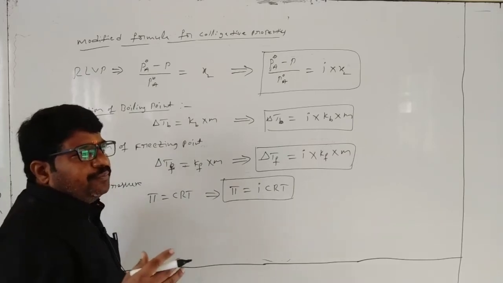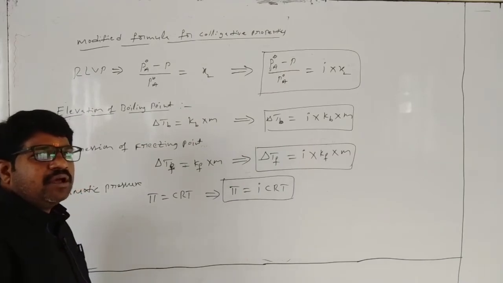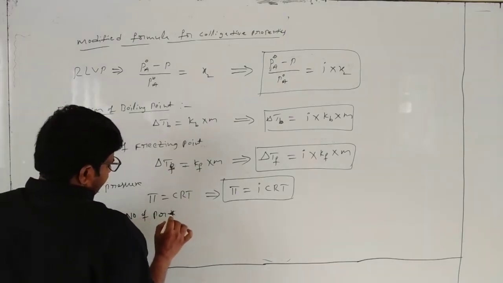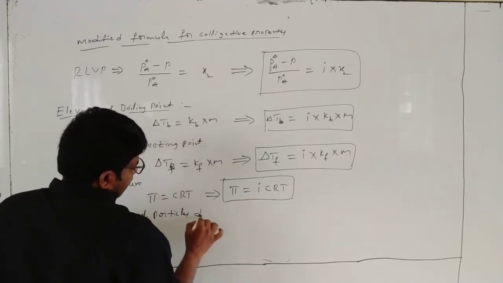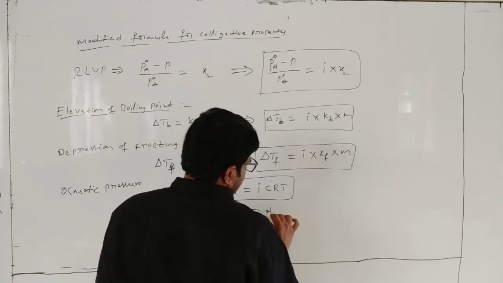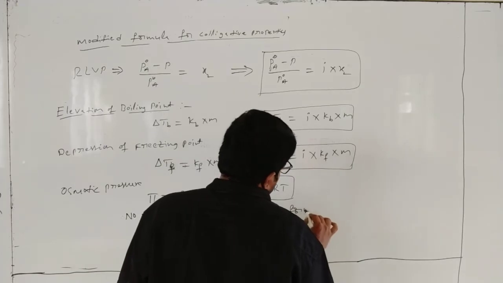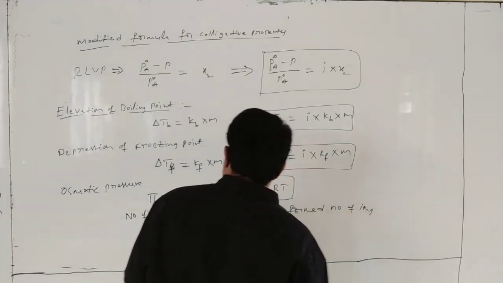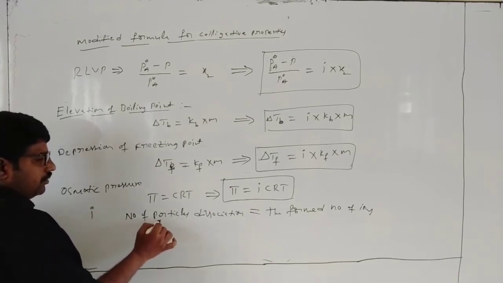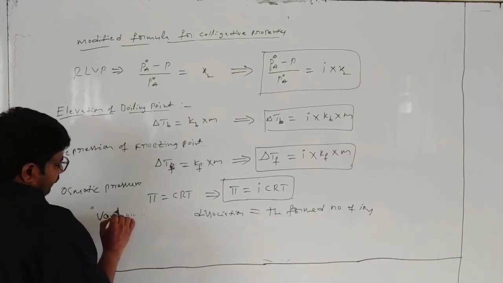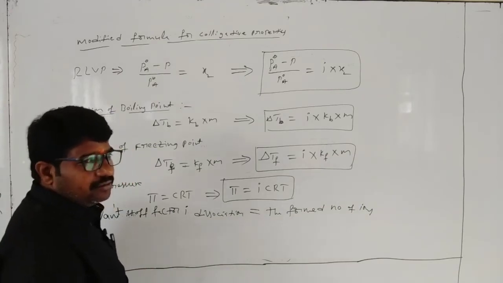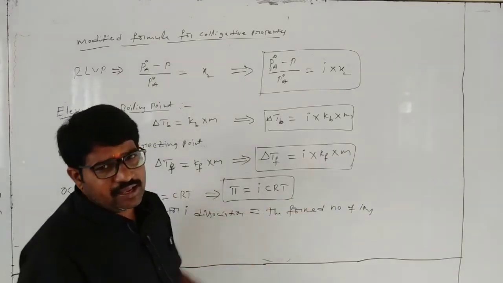Actually, for solute particles undergoing dissociation, the number of particles dissociated is equal to the number of ions formed. This means the Van't Hoff factor i for dissociation is equal to the number of ions or particles formed.